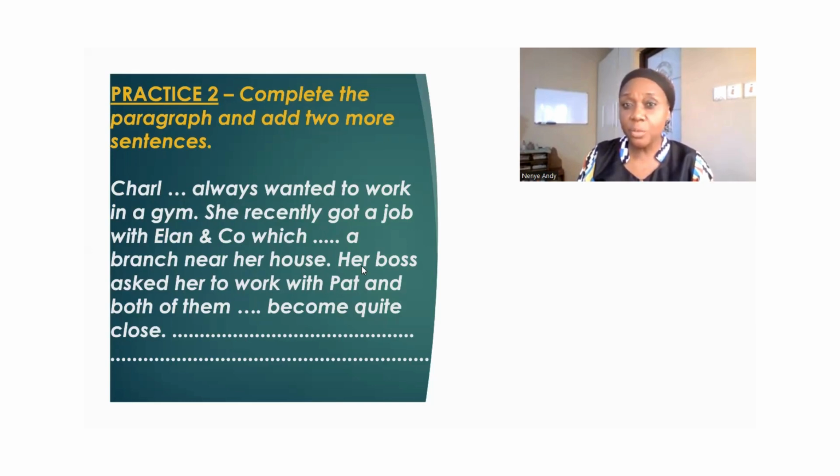Her boss, one person, asked her to work with Pat, and both of them, 2 people, have become quite close. And I hope you will try to add more sentences that will have has or have. And you can even post your sentences below in the comments.